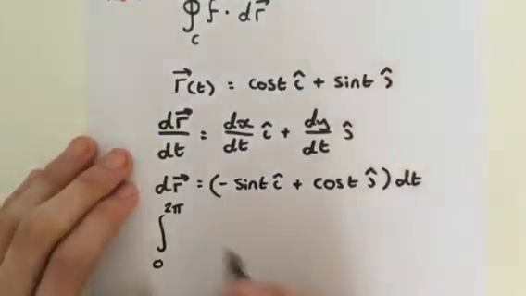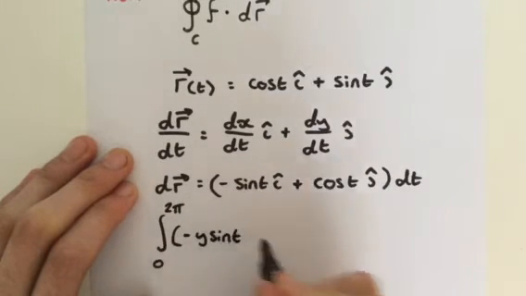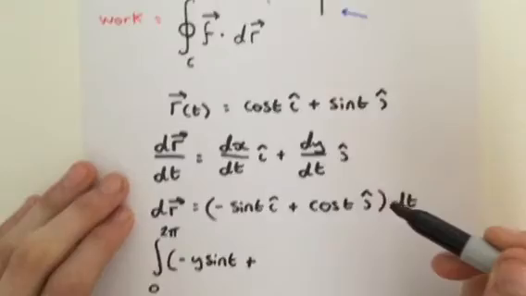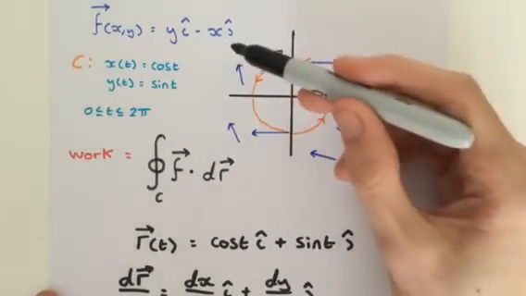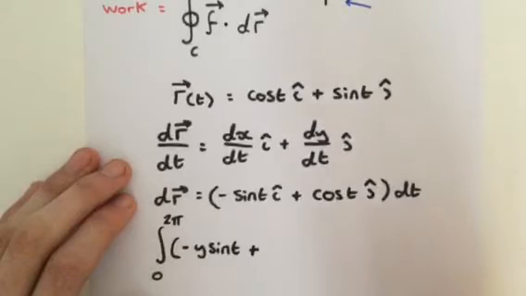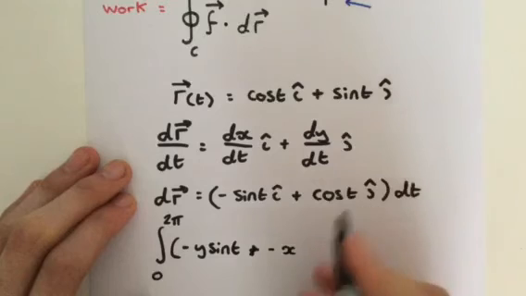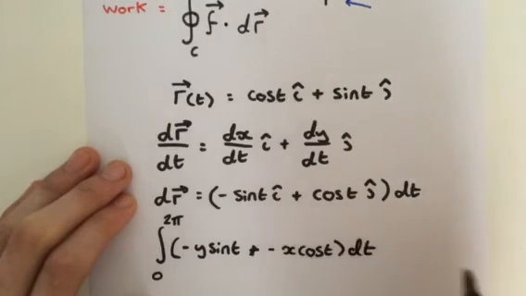So therefore we get minus y sine t. And then we add to that cosine t multiplied by the y term of our vector field, which is minus x. So this actually becomes minus x multiplied by cosine of t, multiplied by dt.